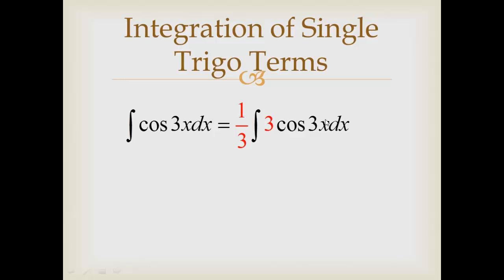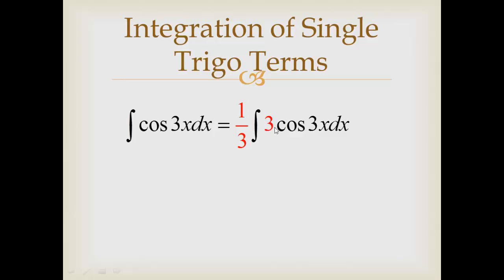We differentiate 3x, which will yield 3. Now, in the question, there isn't a 3 in front. So, we can create the number 3 and cancel out 3 with a 1/3 outside the integration sign. If you take 1/3 times 3, you get 1, which is equal to the original question.